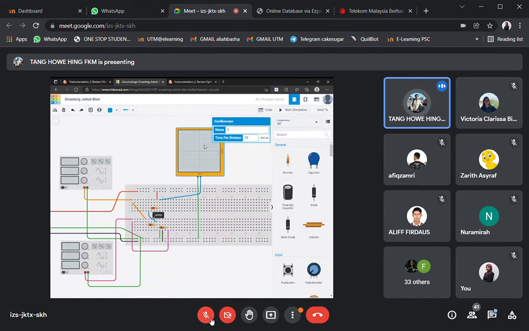Okay, never mind. It's too slow. Just 10 microseconds. But you can already see that there is, let's say, 100 microsecond.